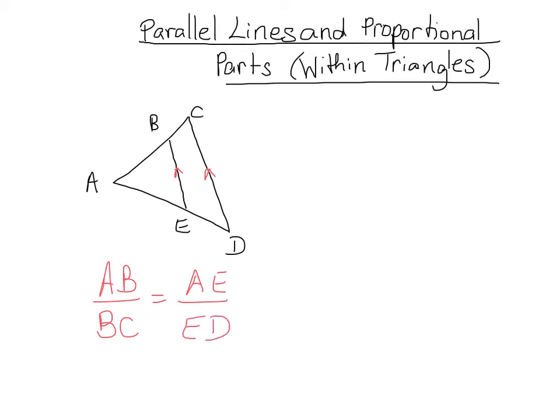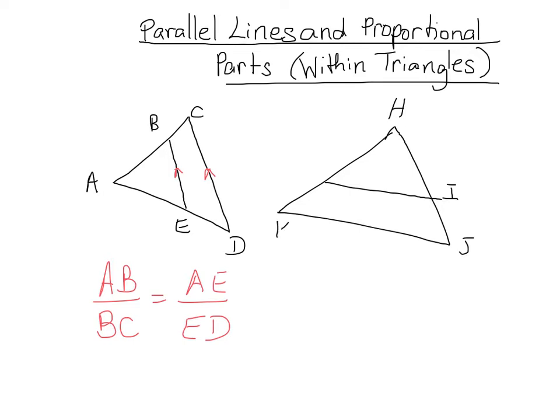And this only works, once again, because this line that we inserted, that's chopping our parts up, is parallel to this line. We could go ahead and do a different parallel line and the same thing would happen. So let's call this one HIJKL.